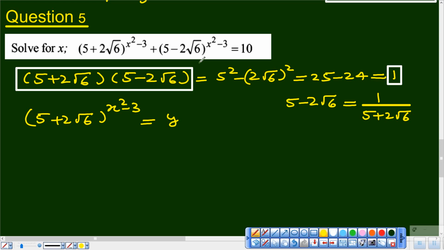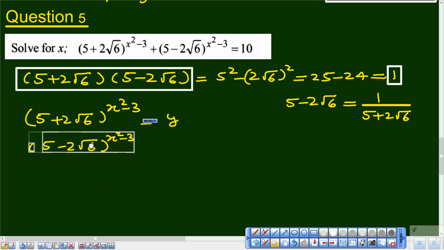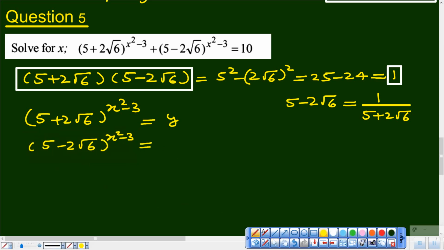That's why 5 minus 2 root 6 raised to the power x square minus 3 can be written as 1 by y.